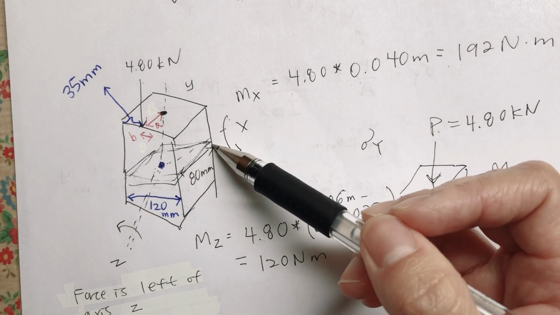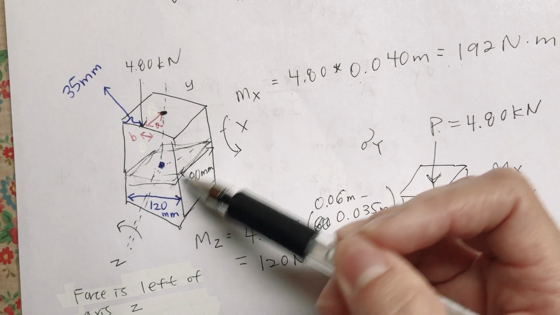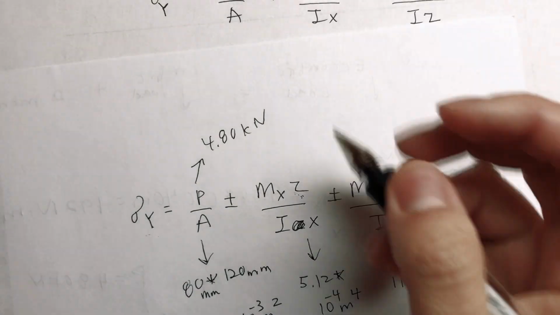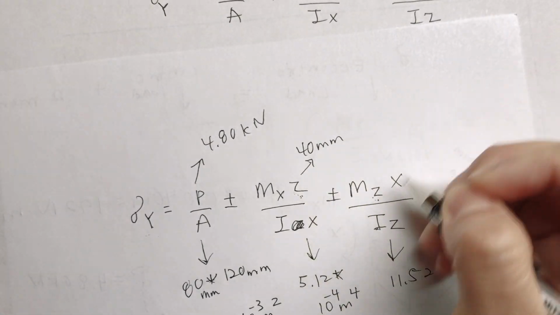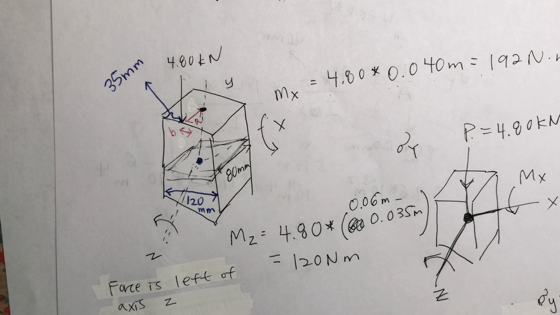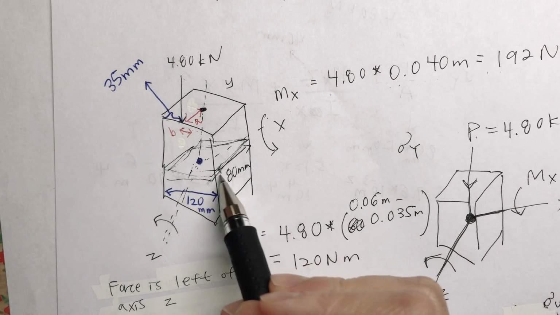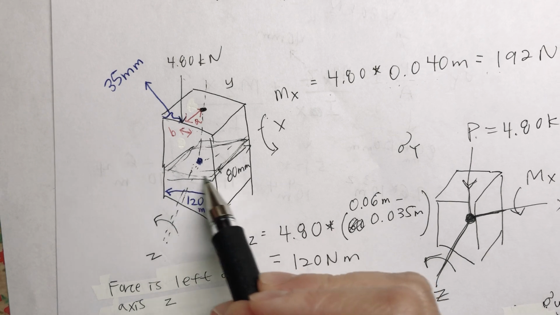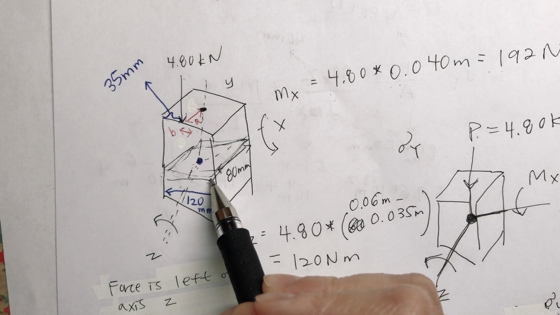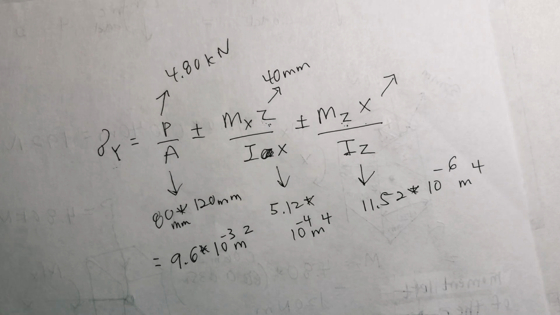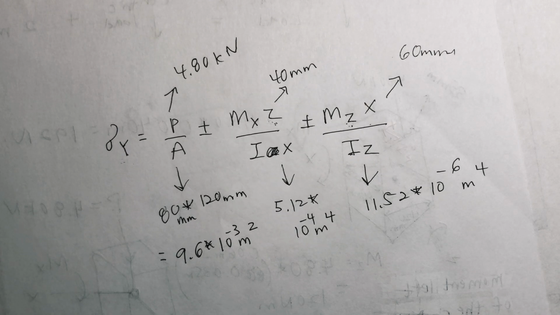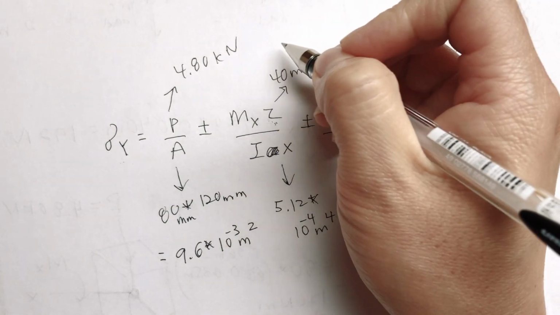Mx is this z distance along the z-axis, so it's 40 millimeters. x is along the x-axis, so it's from the centroid to the leftmost or rightmost, so it's 60 millimeters. Make sure you convert everything to meters.